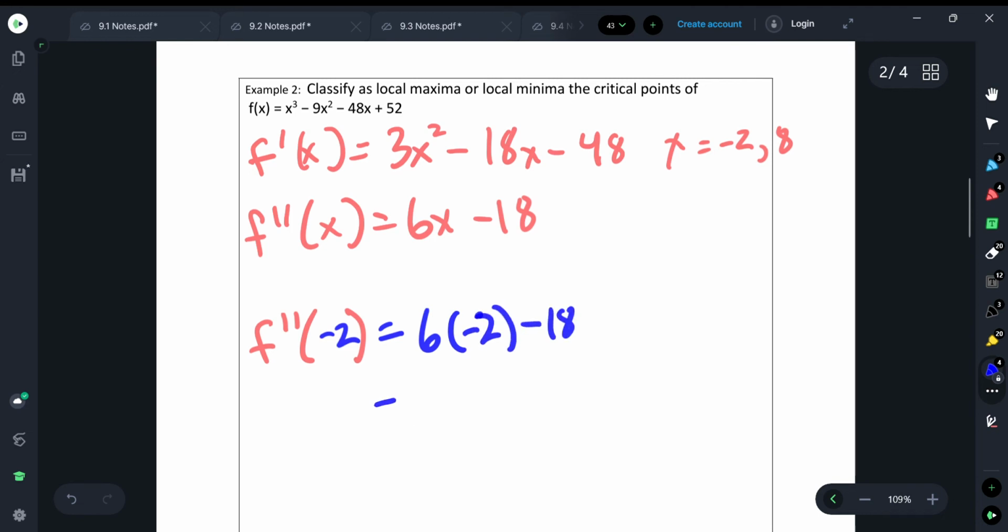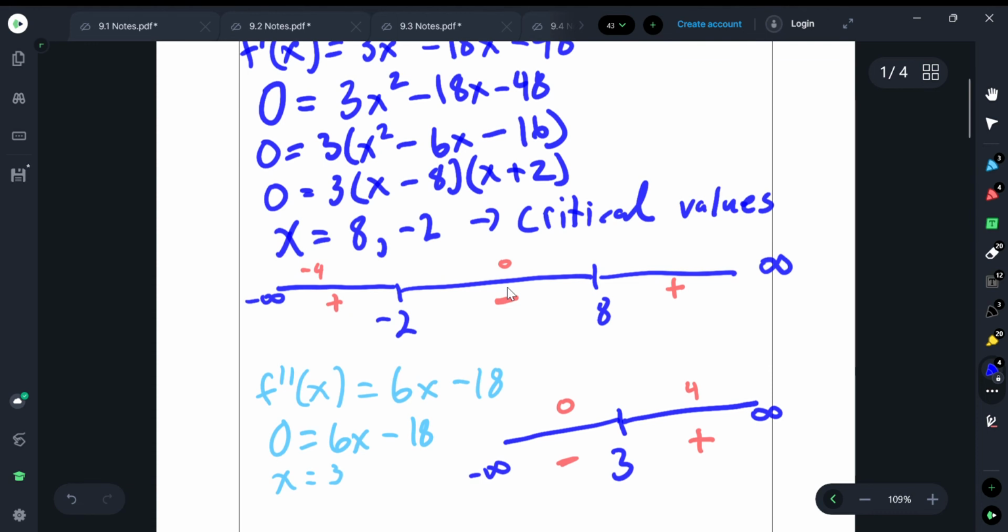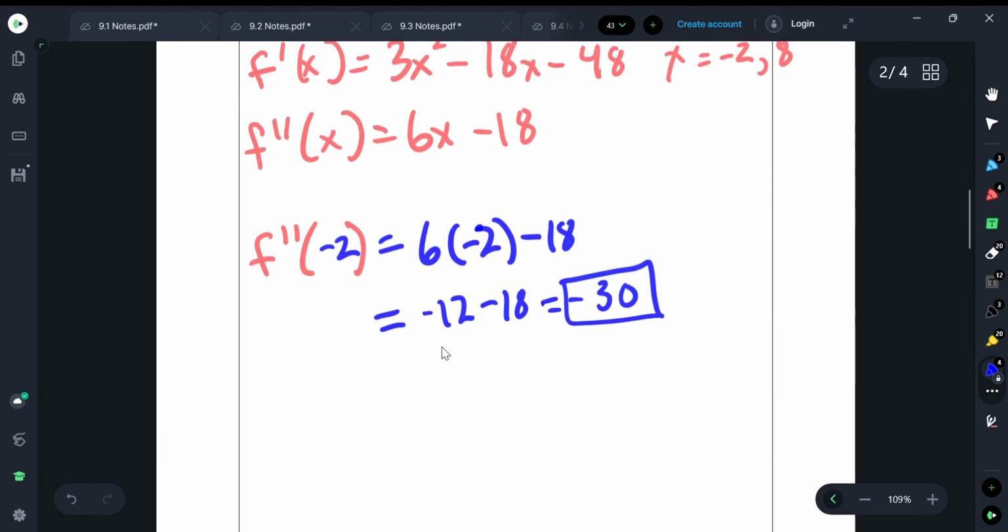I'm going to get -12 minus 18, which is just going to be -30. I know that it's negative, so that is going to be a maximum. That means that's the top. It's the opposite: if the sign is negative, then at -2 that's a max, meaning it's not going to get any higher than that in terms of that change of direction.